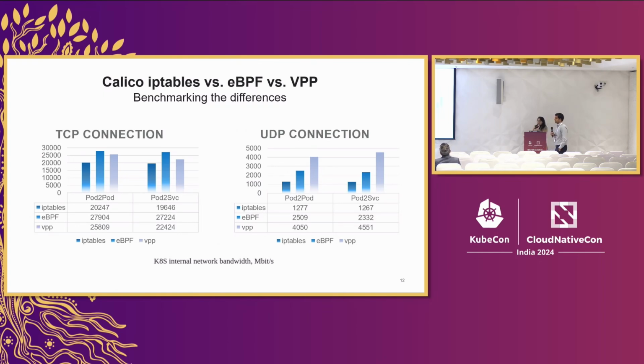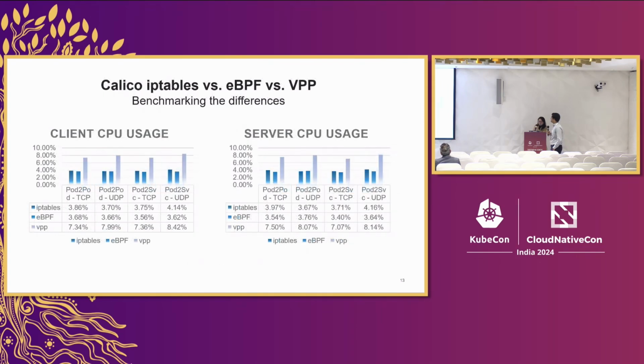Can you show the next one, the server and client CPU? There's not much difference between the client and the server. All of them roughly tax both sides equally. There's nothing where the server is more or less stressed.